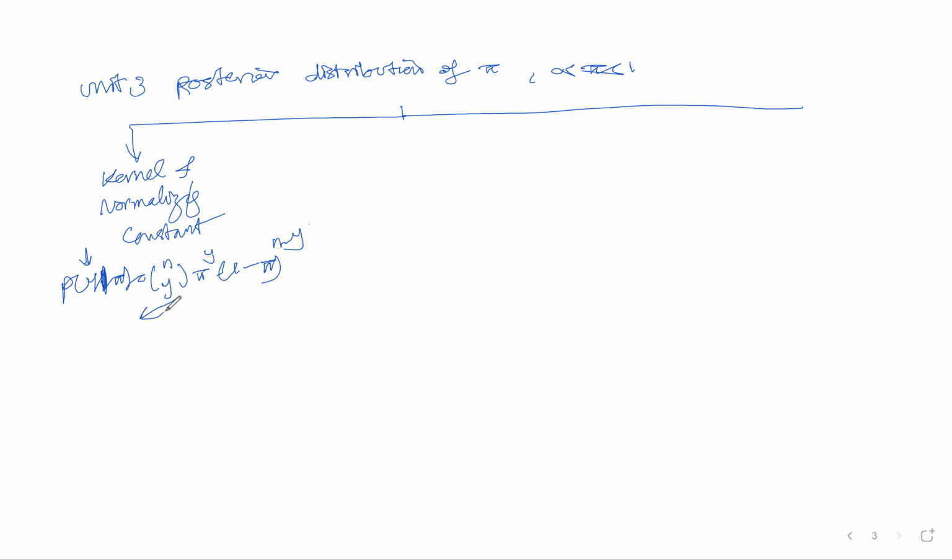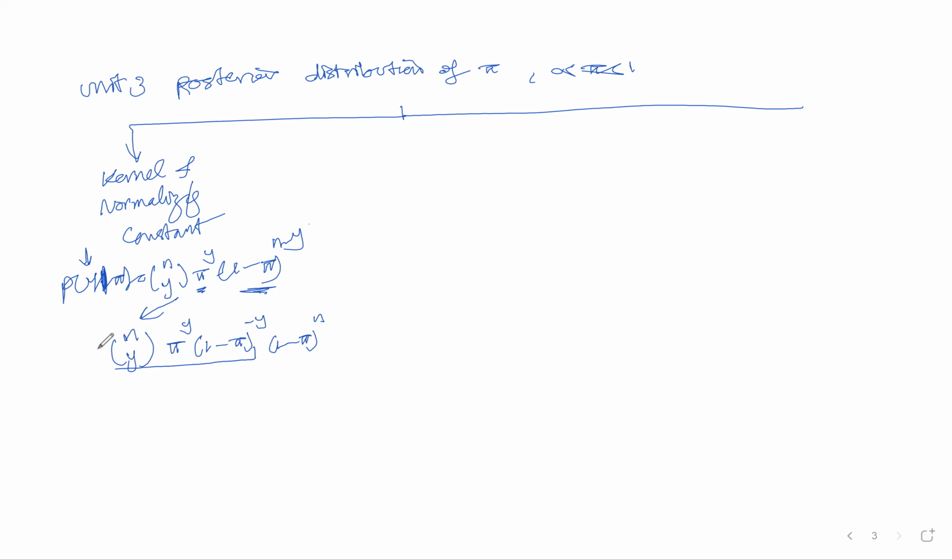So this one is a function of y. So n choose y is part of the kernel. Pi to the power y is a function of y. If I change y, this value will change. This one can be written as 1 minus pi to the power negative y, times 1 minus pi to the power n.